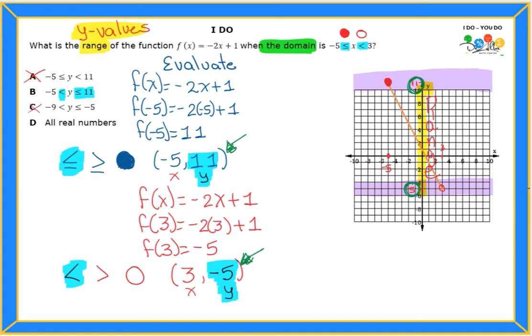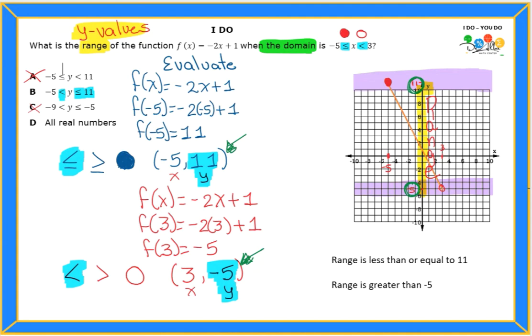So we're going to write down the statement of the comparison of the range and the 11. Okay, so we said range is less than or equal to 11, but we also said that range is greater than negative 5, right? So what I want to do next is write down the inequality here.